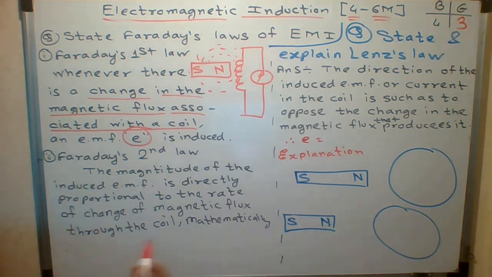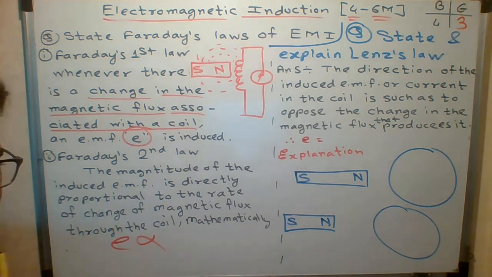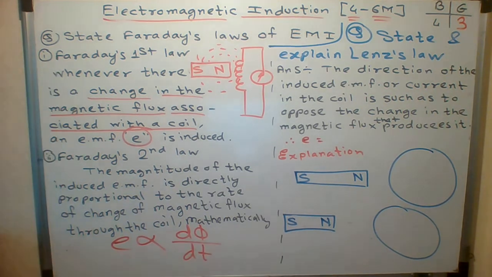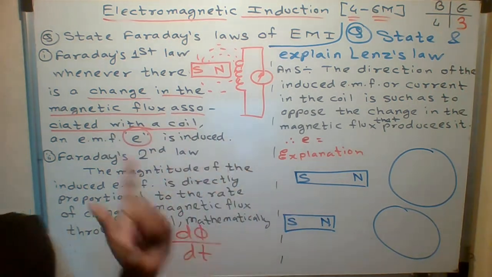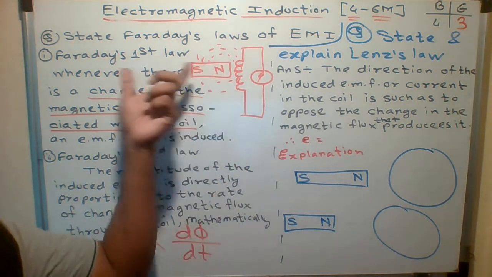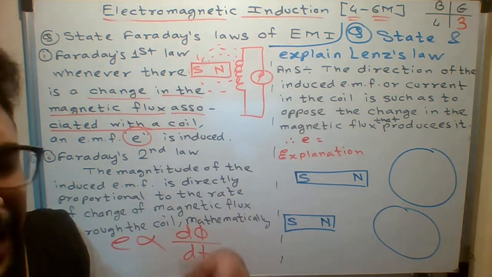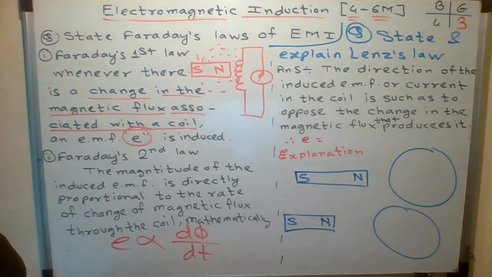What does Faraday's second law state? EMF induced is directly proportional to the change in flux through the coil. Remember this, students. The first law states that if there is a change in magnetic flux, EMF is induced in the coil.